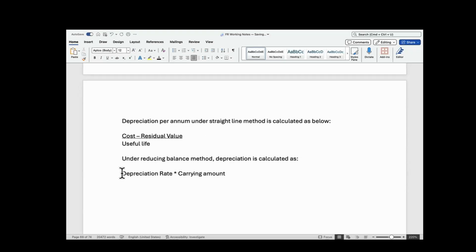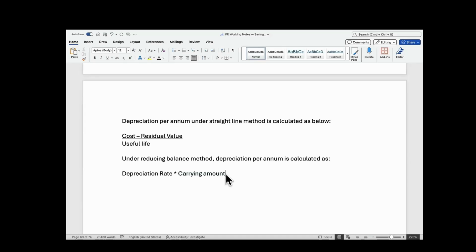And this method is also logical, so that the successive depreciation you calculate becomes smaller relative to the previous one. That's why they give you a rate, you apply that on carrying amount, and you know that your carrying amount is cost minus accumulated depreciation.